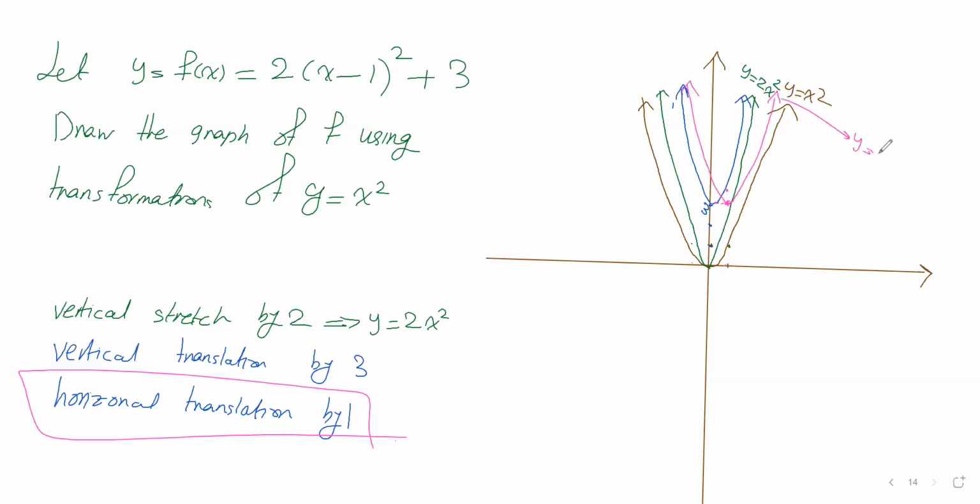This is the graph of y equal to 2x squared plus 3, which is this blue graph. And the pink graph is y equal to 2 times (x minus 1) squared plus 3. You can try to find the y-intercept: at x equal to 0 it is 5, so this must be 5. Is it clear how we did this question?